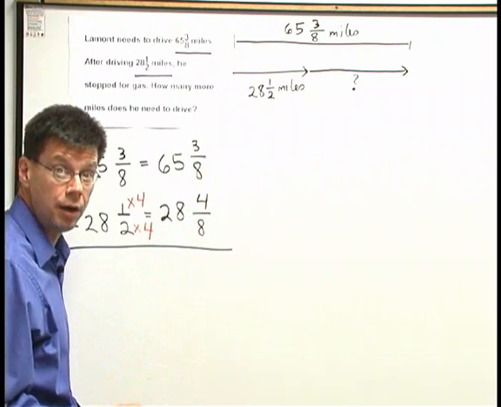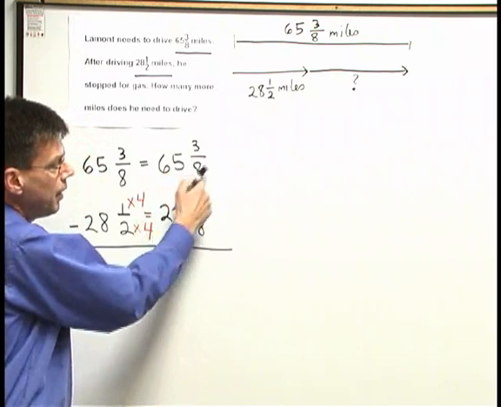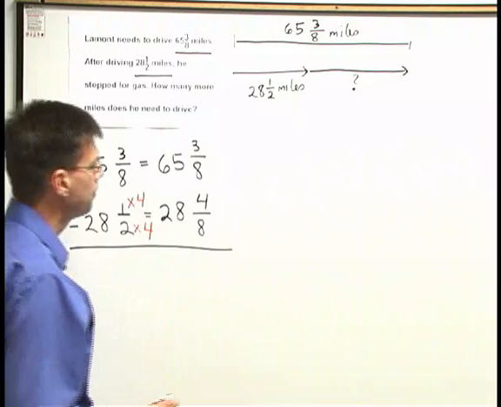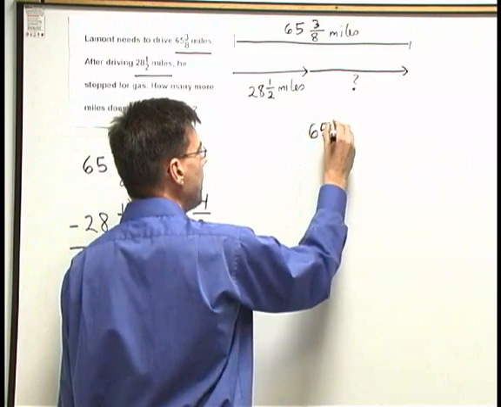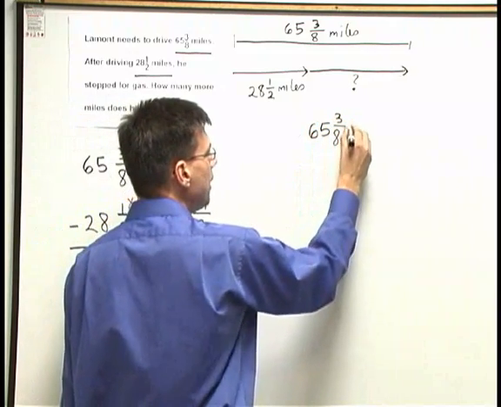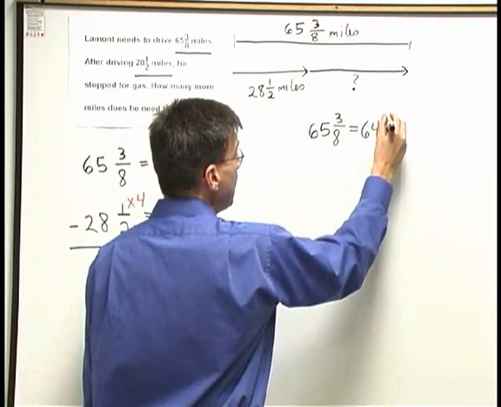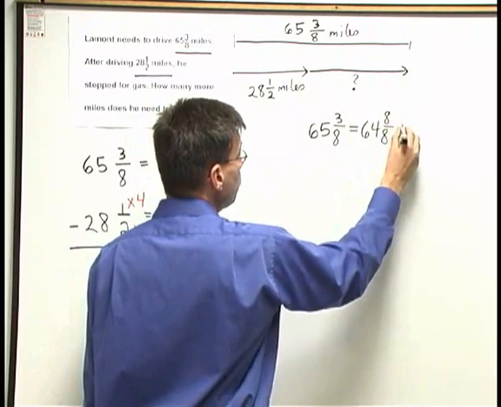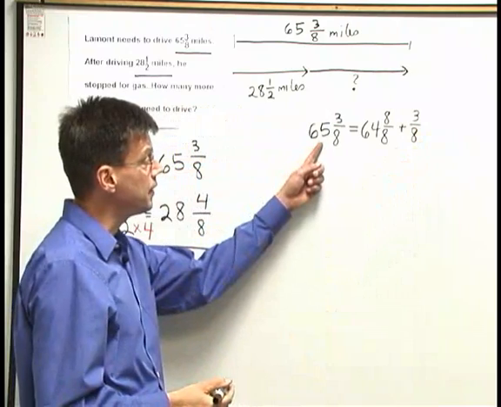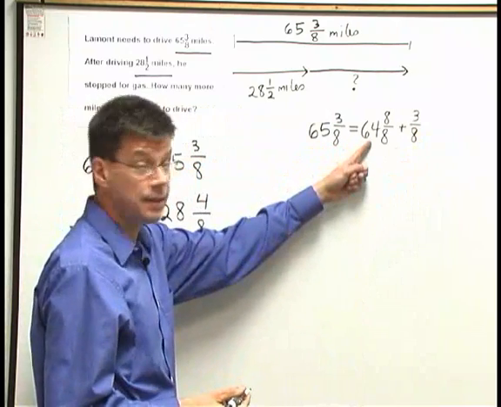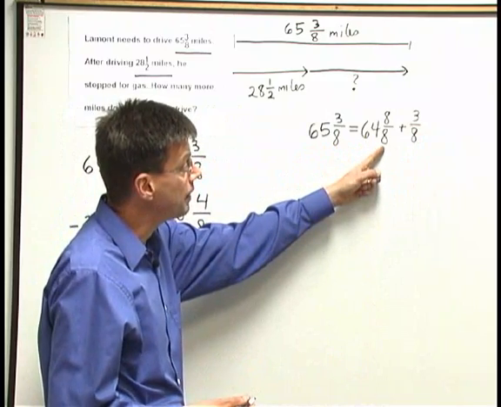To continue here, I want to borrow from my whole number 65 here to make my number of eighths larger. 65 3/8, let's just work this out on the side. 65 3/8, I can think of as 64 and 8/8 plus 3/8 more. What I did was I took the 65 and thought of it as 64 plus 1 whole more. And the 1 whole I'm writing as 8/8.